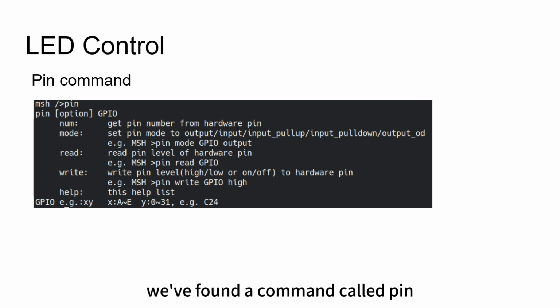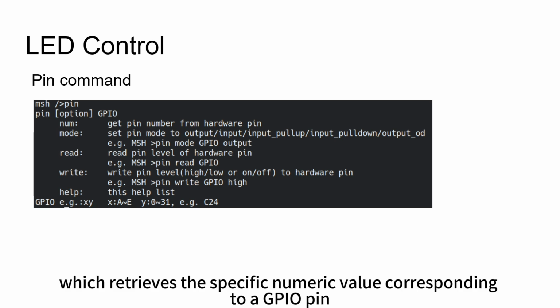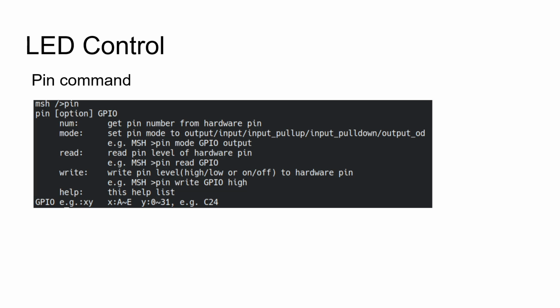In RT-Thread, we found a command called pin. Let's demonstrate it. There are a total of 5 options, excluding the help option. The first option is pin num, which retrieves the specific numeric value corresponding to a GPIO pin.